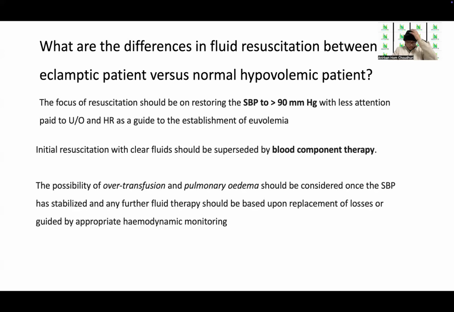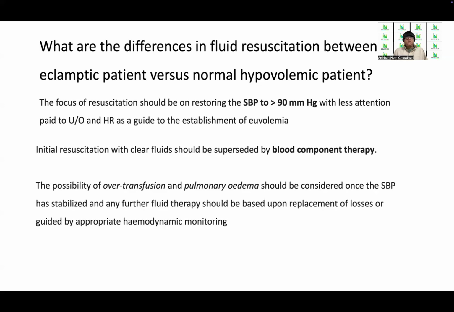Now, what are the differences in fluid resuscitation between eclamptic patients versus normal hypovolemic patients, who are more common in the post-surgical period in gynecology? The focus of resuscitation should be on restoring the systolic blood pressure to more than 90 millimeters of mercury, with less attention paid to urine output and heart rate as a guide to establishment of euvolemia.